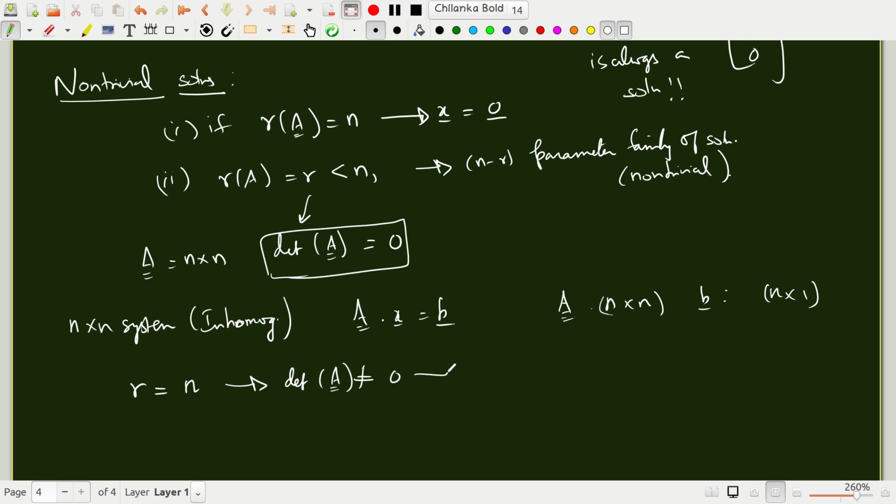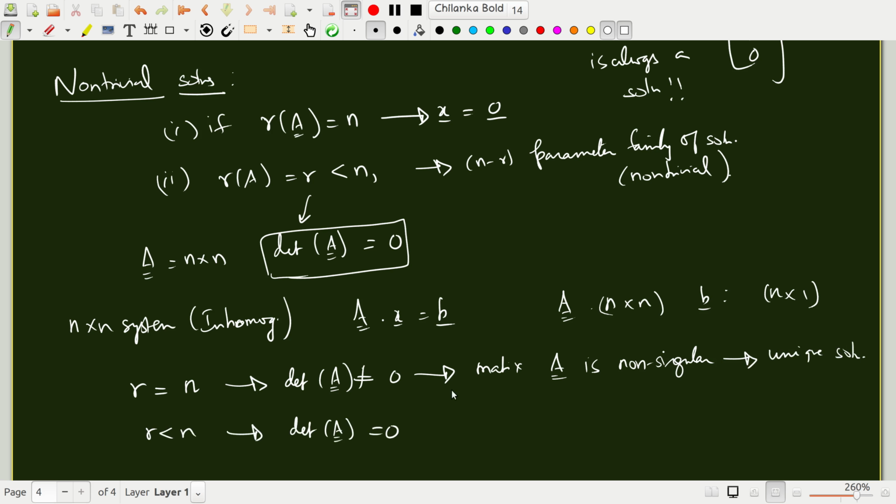That means that the matrix A is non-singular and you have a unique solution. When r is less than n, the determinant of A is 0 and you will have multiple solutions.